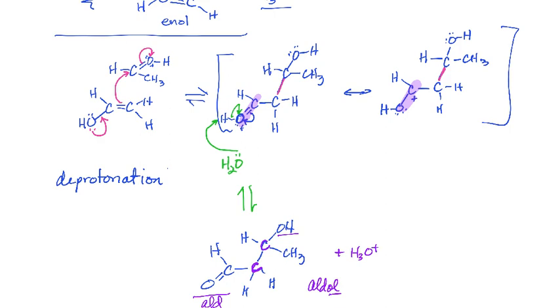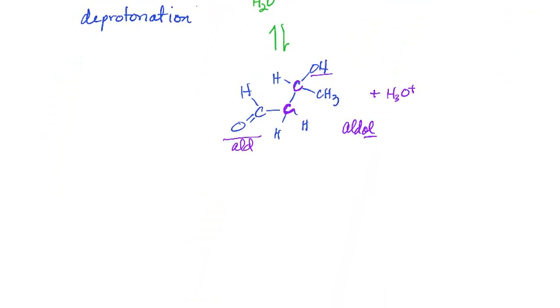So there is one more step we should consider that happens quite easily. If I allow this to even heat up from the warmth of the reaction conditions, it can heat up because there's energy given off, this will form a new carbon-carbon bond.